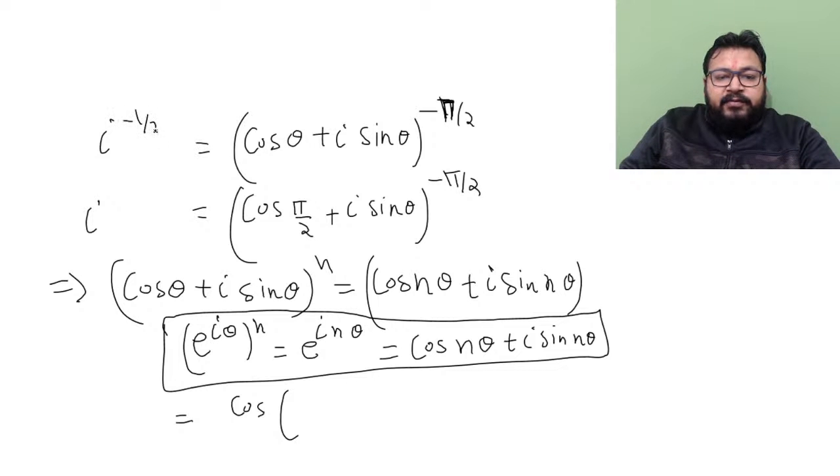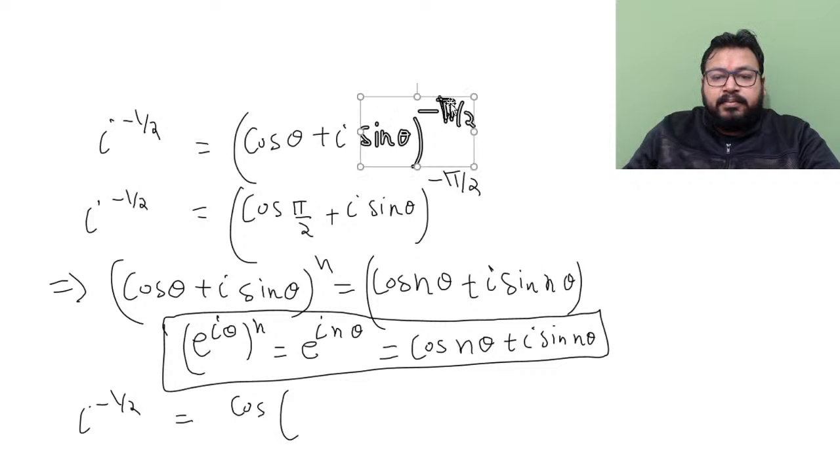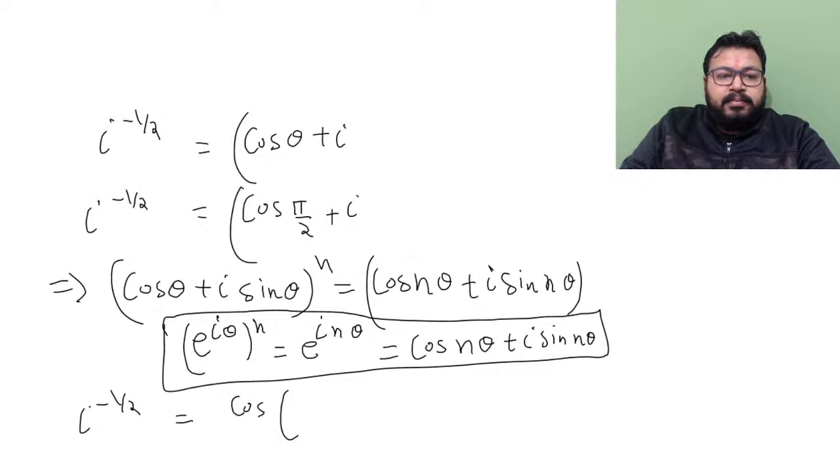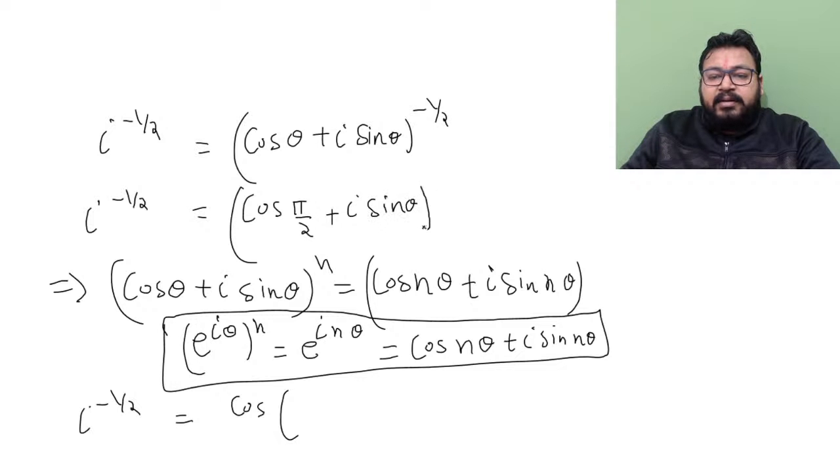It should be minus 1 by 2, and iota to the power minus 1 by 2 is cos theta plus iota sine theta to the power minus 1 by 2.